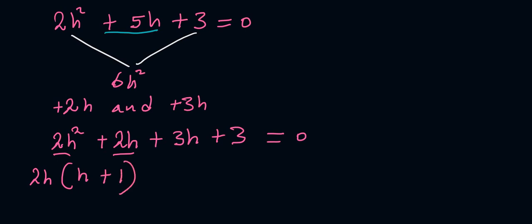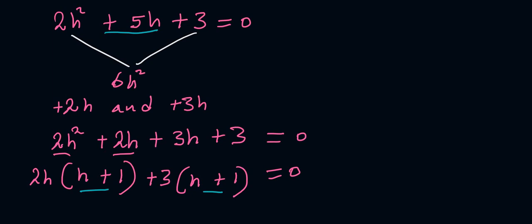Then secondly, we're going to find the GCF of 3h and 3. The GCF of 3h and 3 is plus 3. If we divide 3h by 3, that is going to give us h. And if we divide 3 by 3, that's going to give us 1, equal 0. If you look at this equation very well, you discover that we have the same value in the parentheses, this and this, they are the same.